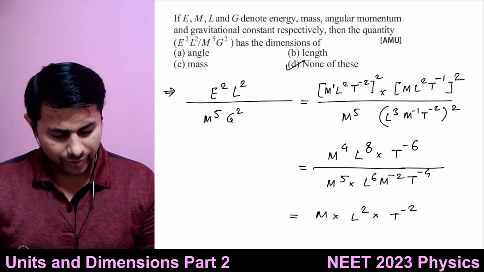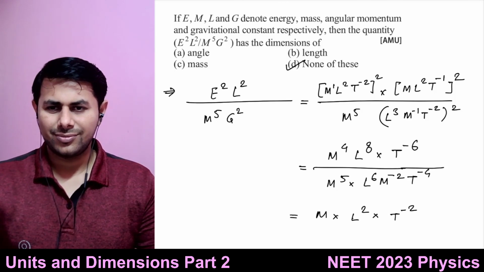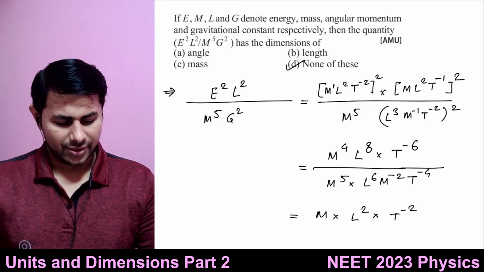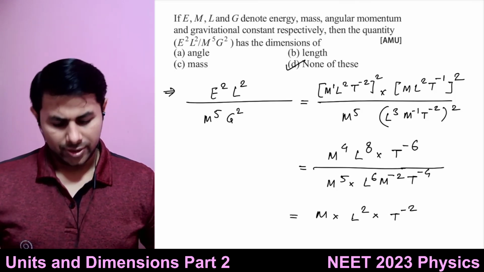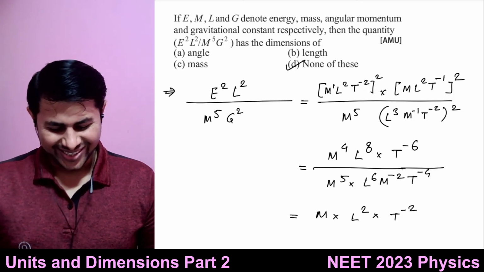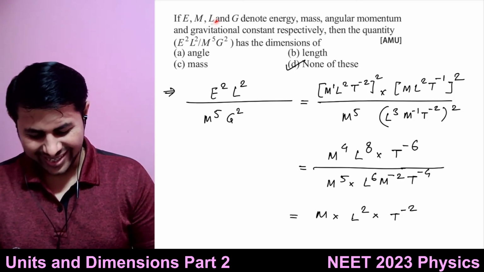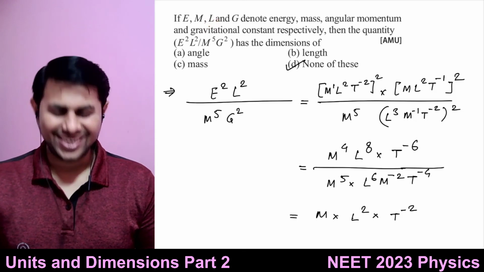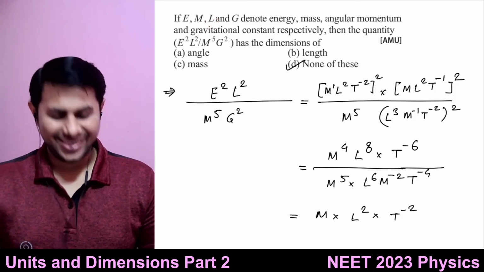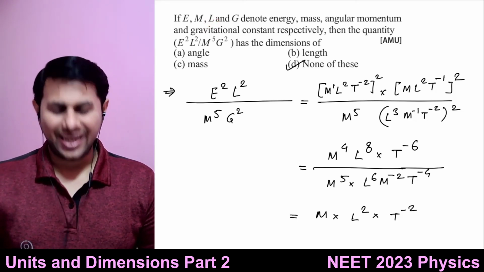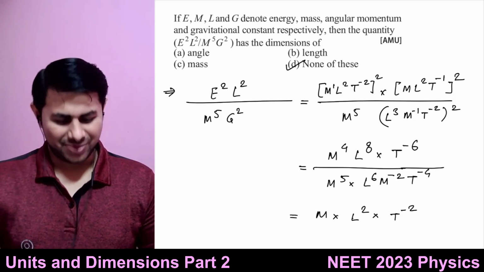So now the calculations are correct, no? Yes, sir. I think so. Okay, so none of this. All right. So we took L as length. Still, it was none of this, fortunately, and L as angular momentum. Still, the answer is none of this.